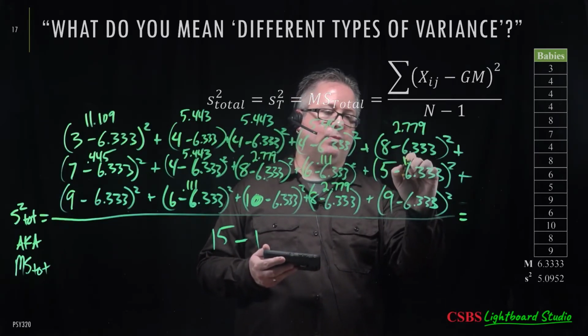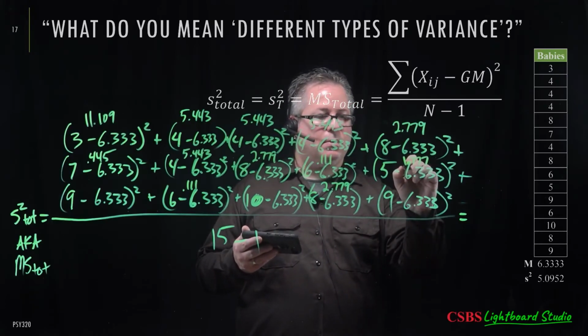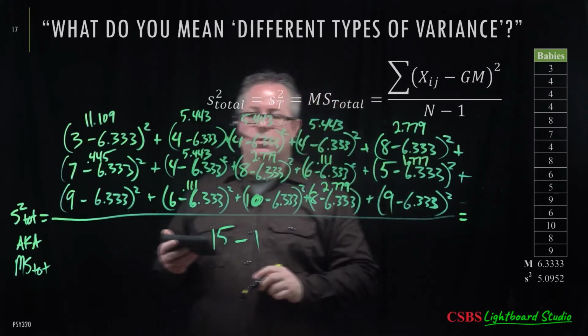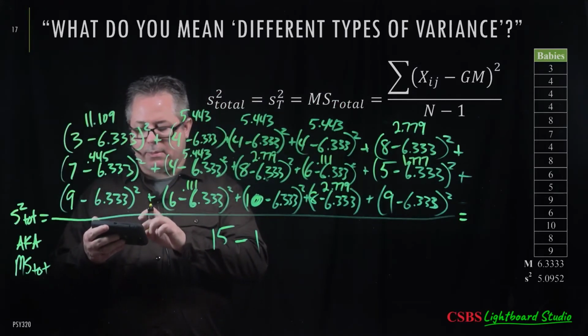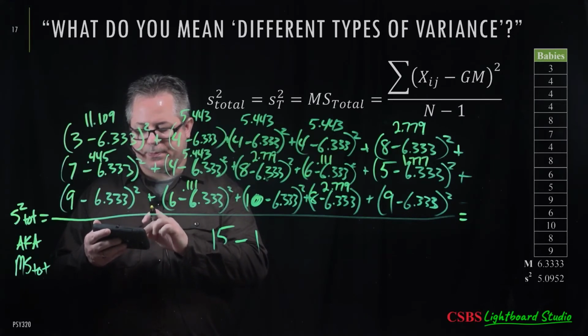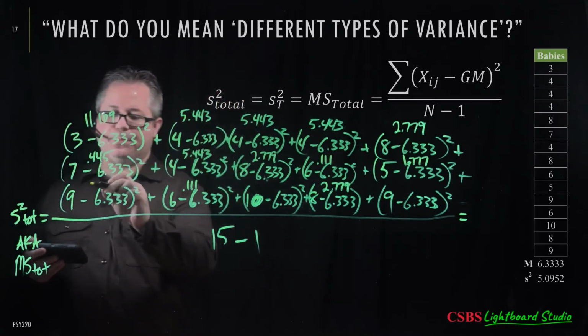Then 9 minus 6.333 equals 2.667. 2.667 squared is 7.113.